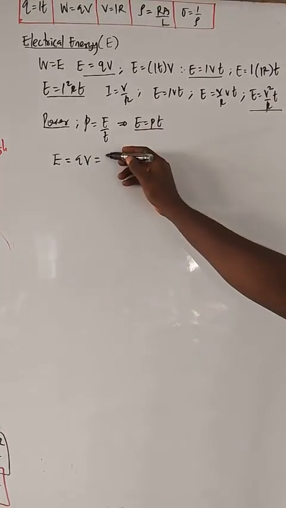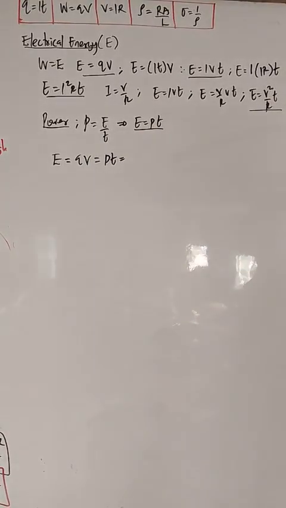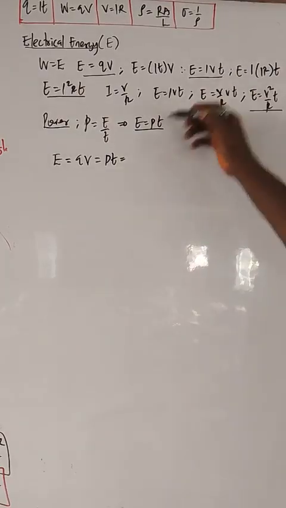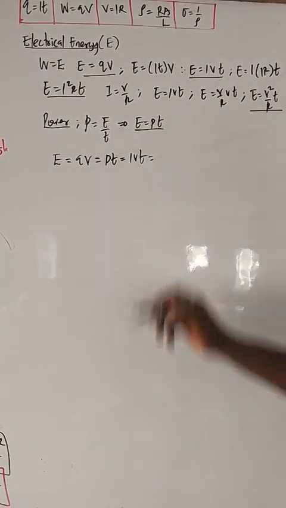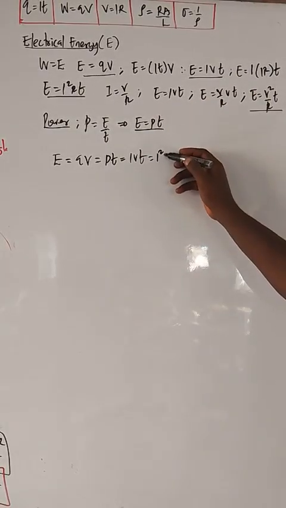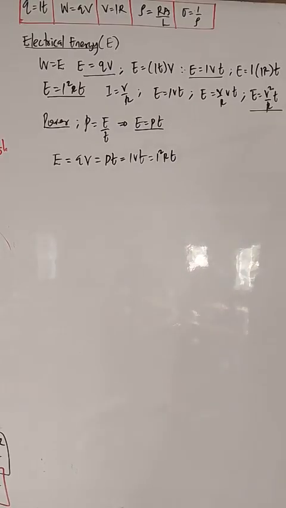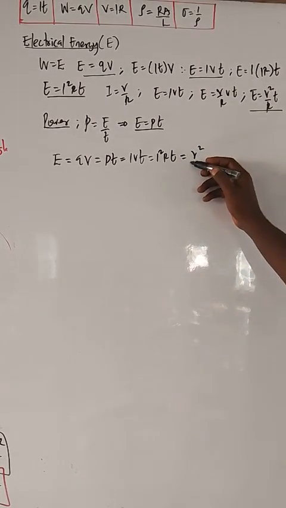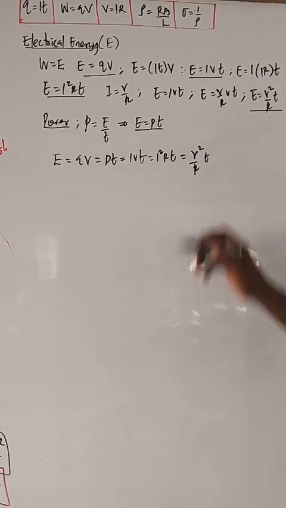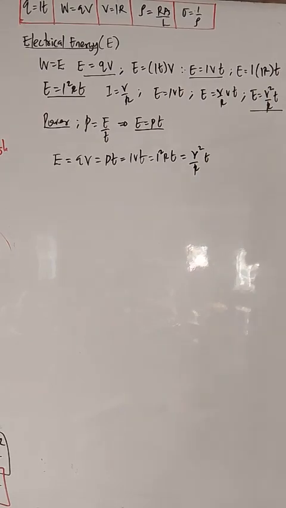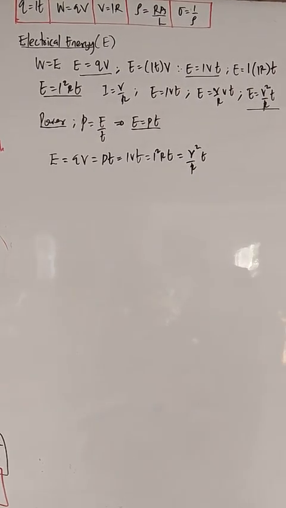In terms of power, it is PT. In terms of current and voltage, it is IVT. In terms of current and resistance, it is I squared RT. In terms of voltage and resistance, it is V squared over R times T. So all these are the possible formulas to calculate electrical energy.